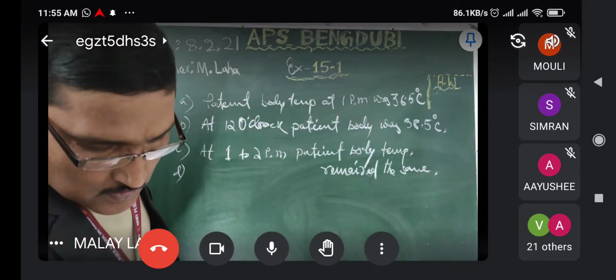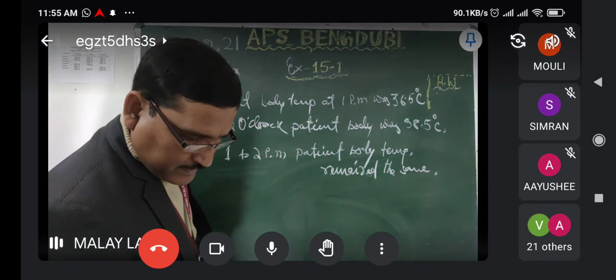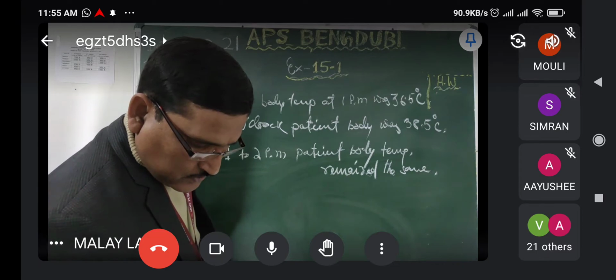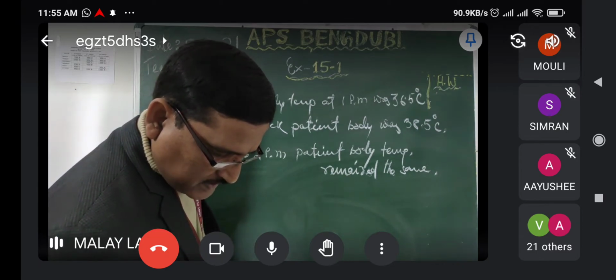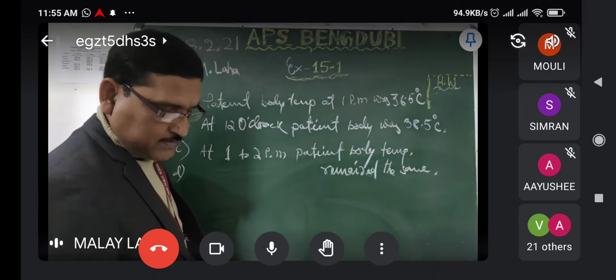Now next: what was the temperature at 1:30? 1:30 lies between 1 and 2. So in between 1 and 2, the vertical line meets the horizontal line at what? 36.5.